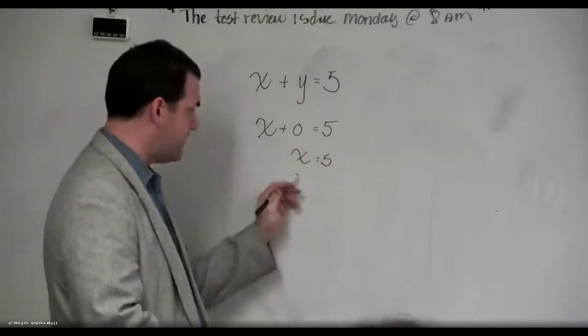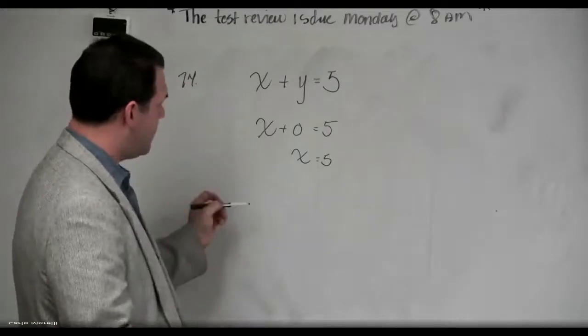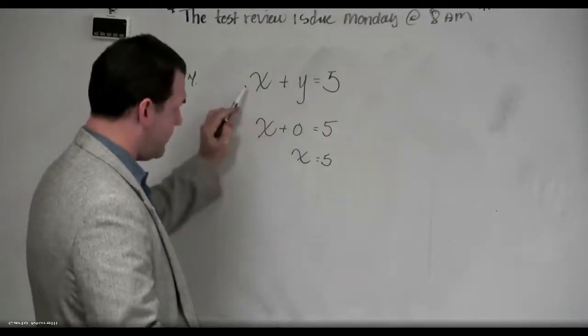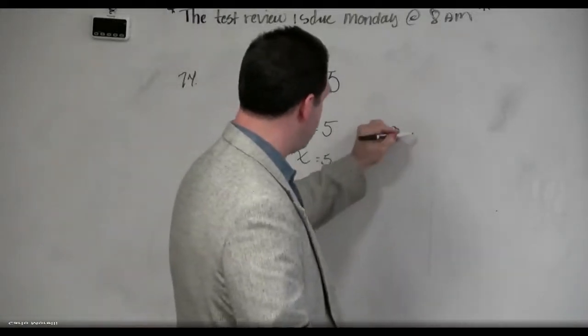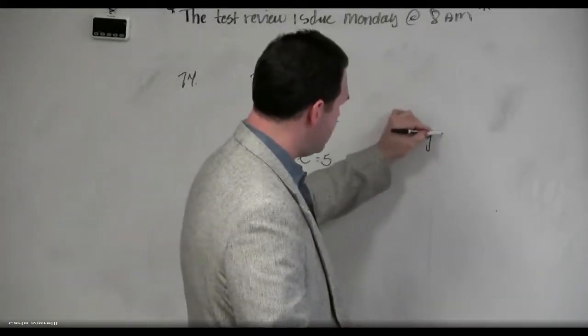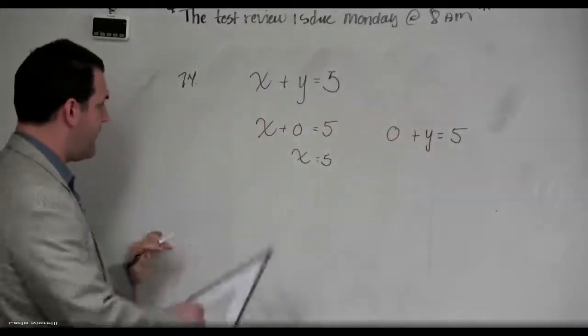So it crosses the x-axis at 5. How about the y-intercept? Well, I'll replace the x with a 0. So that will be 0 plus y equals 5. And so both of my intercepts are 5.